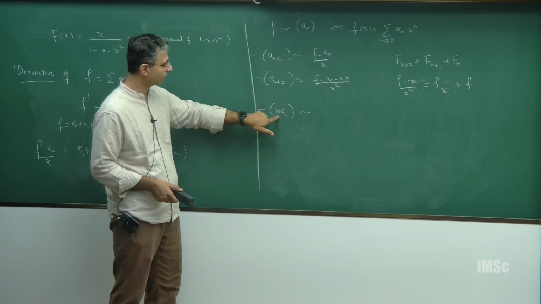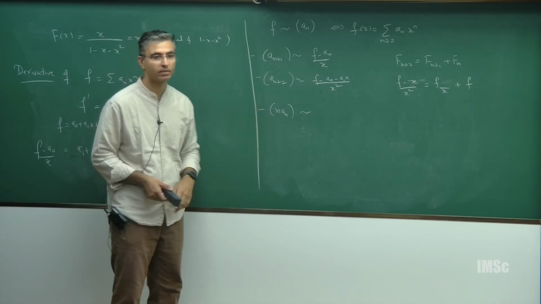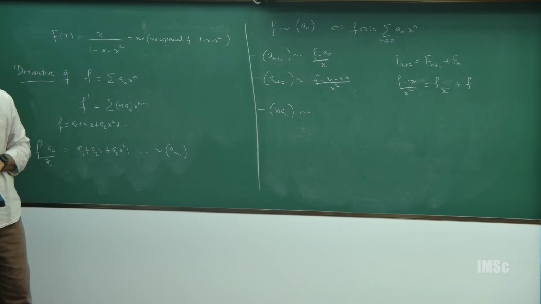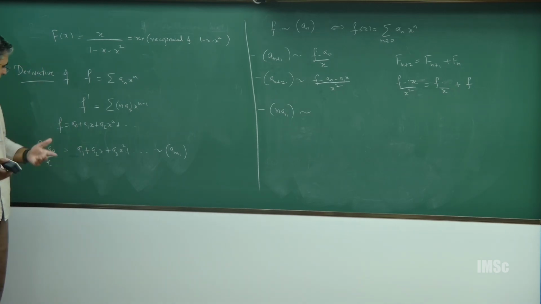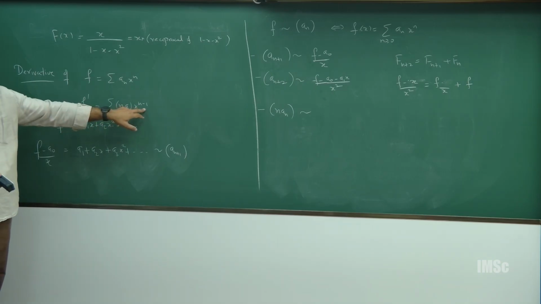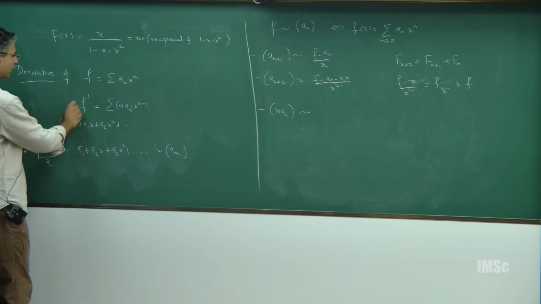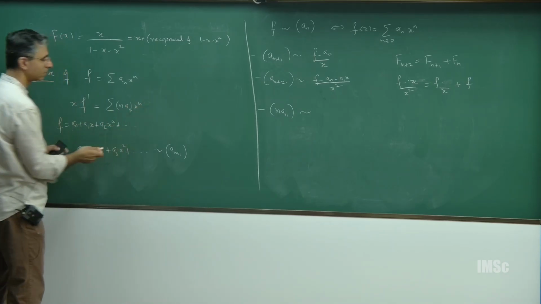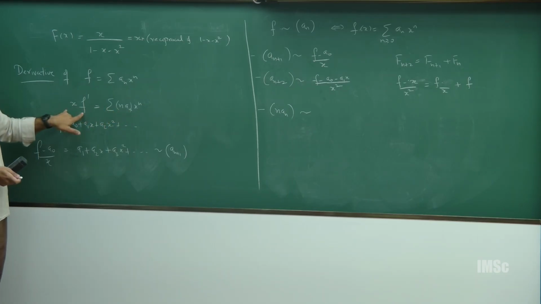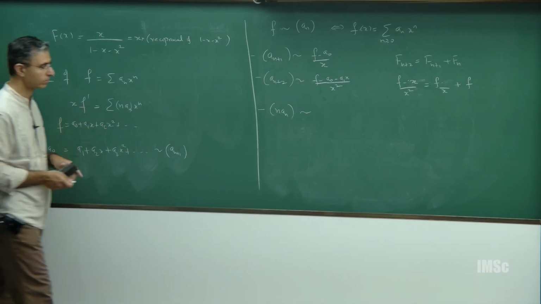So, what if you multiply the nth coefficient by n? We almost have it, except we are missing an x here, it is off by 1. So, we just have to multiply by x. So, the sequence for n times a n is x times the derivative of f.